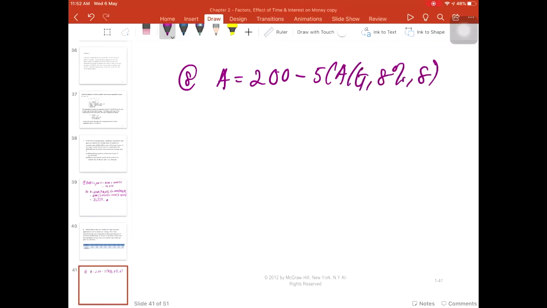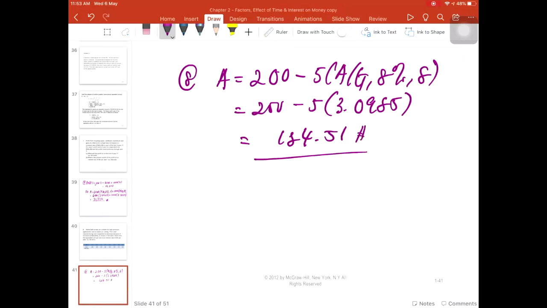Okay, so we get 3.0985. So you will get 984.55. Okay, because you have to find the A from the formula. Boleh. Okay, good.